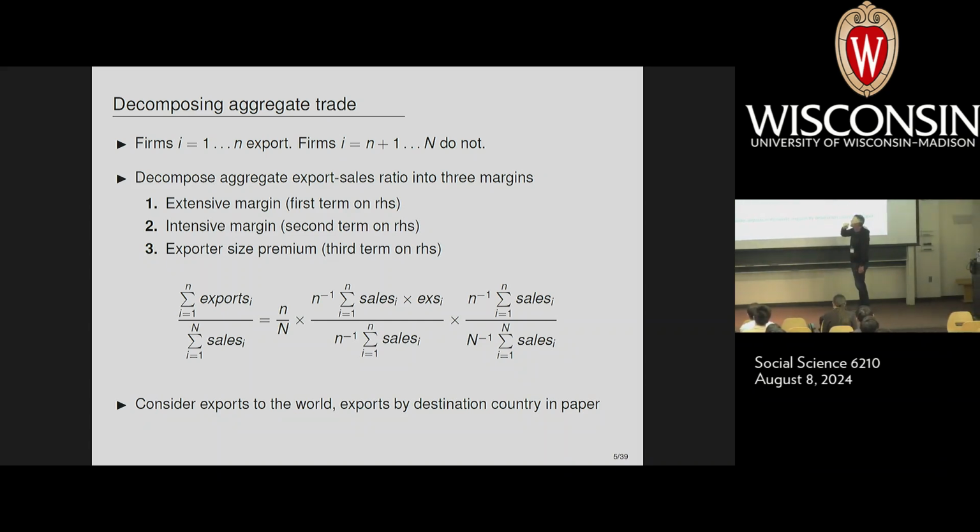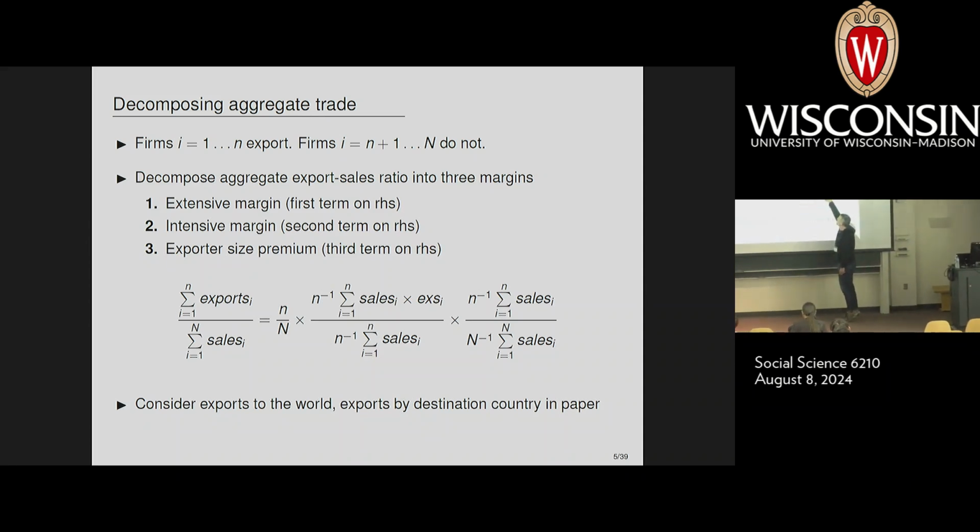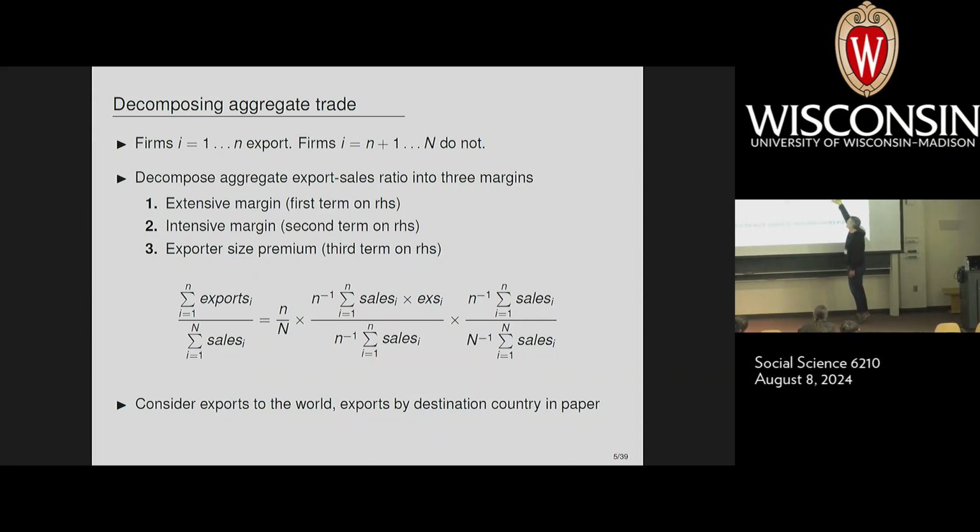That's that first term. Did it grow because of the export sales ratio? If you squint at this a bit, this is a sales weighted average of the export sales ratio. Did it grow because, conditional on exporting, firms are exporting more of their sales? And then this last term at the end is the average size of an exporter relative to the average size of all the firms in the economy.